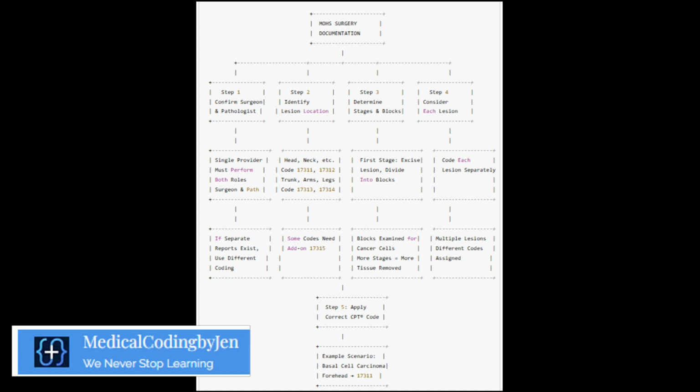Upon microscopic examination, the physician finds the margins are negative. What are the appropriate codes for this example? The appropriate coding would be CPT 17311 first stage, plus 17312 second stage, and plus 17315, 6 blocks.